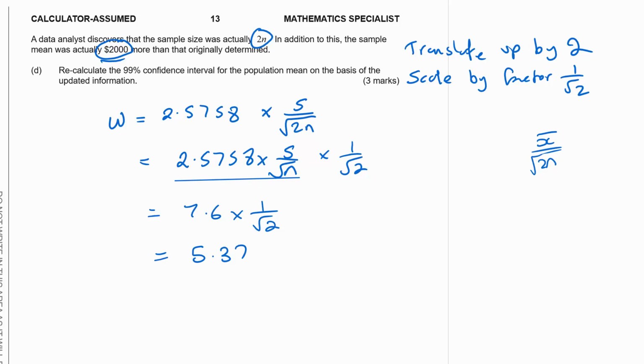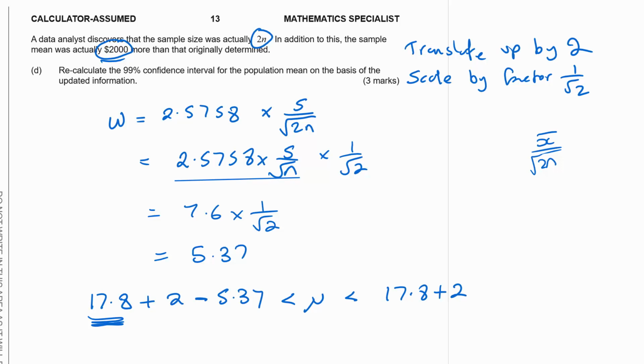So for the confidence interval now, we have 17.8 plus 2 take away 5.37. So 17.8 was the middle, of course, not the end. So that'll be less than mu, which is less than 17.8 plus 2.